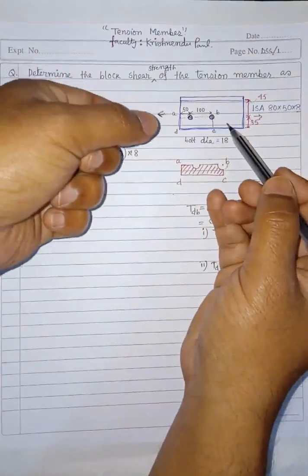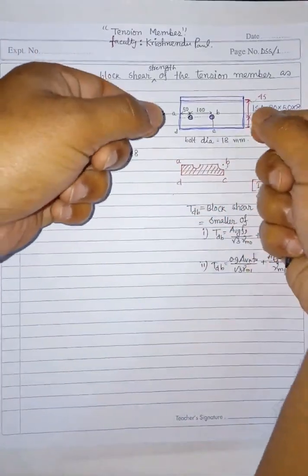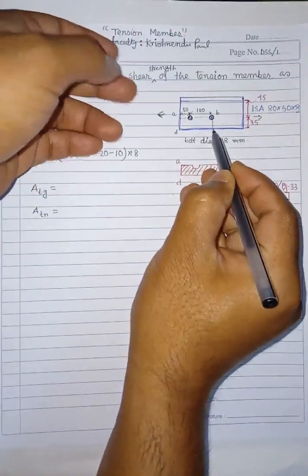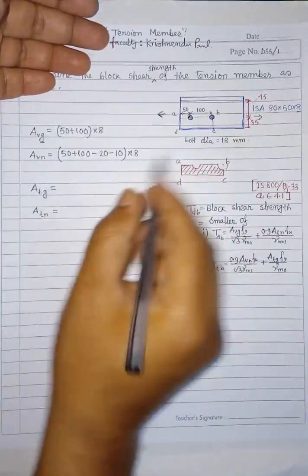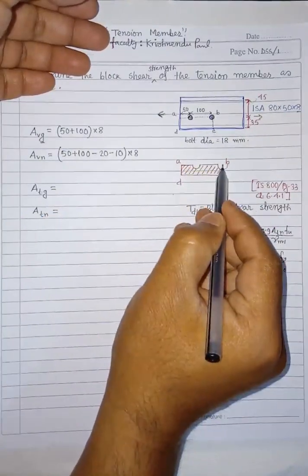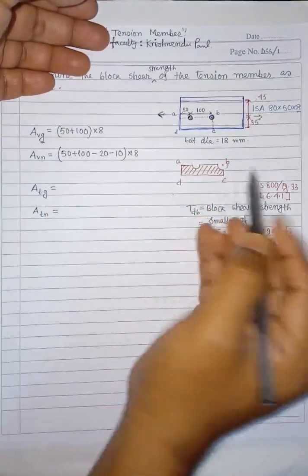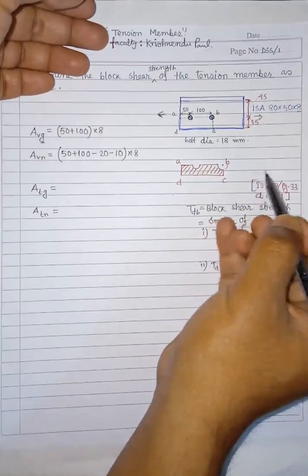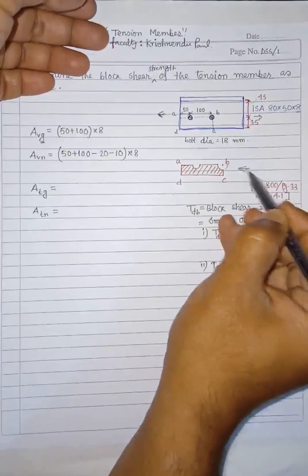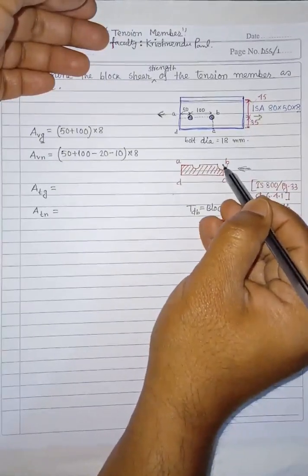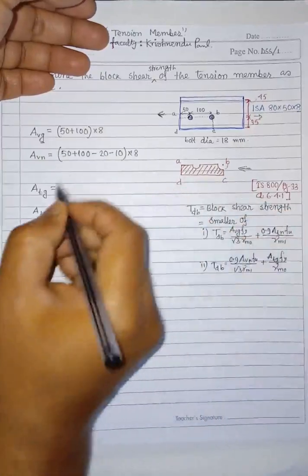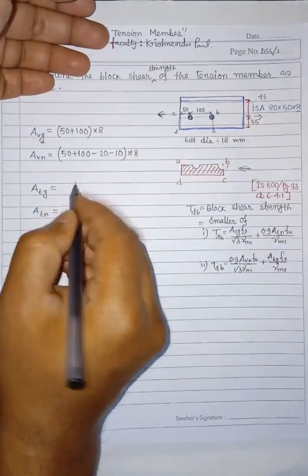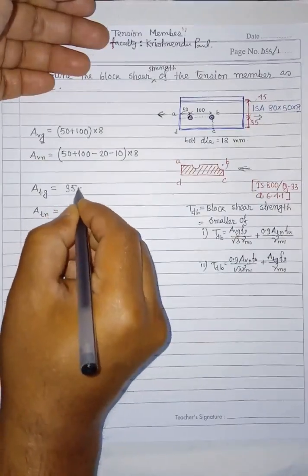Then Atg. If you apply this force in this direction, then this face will be subjected to tension, so this BC line will be subjected to tension. You have to find this gross area from this point to this point, that means this face area, seen from that side. In this figure it is 35, so it should be 35 into 8.